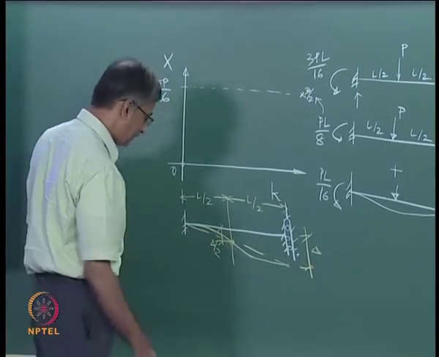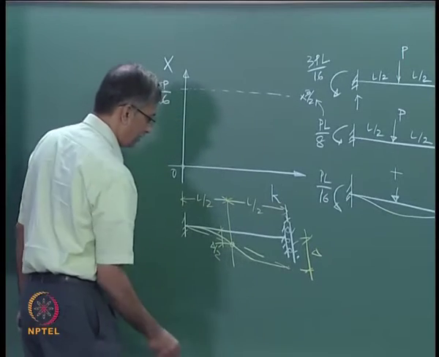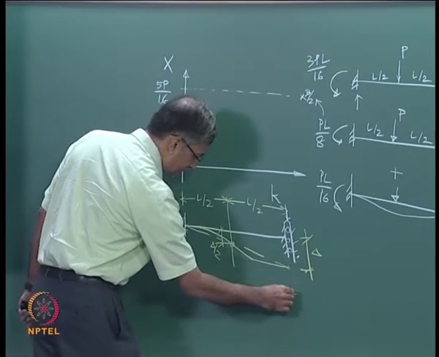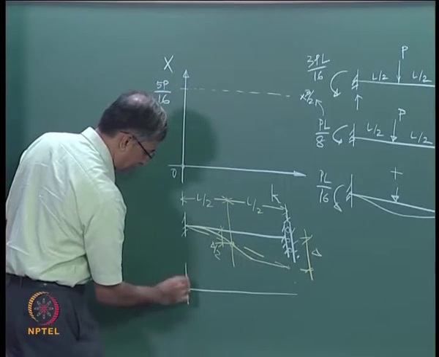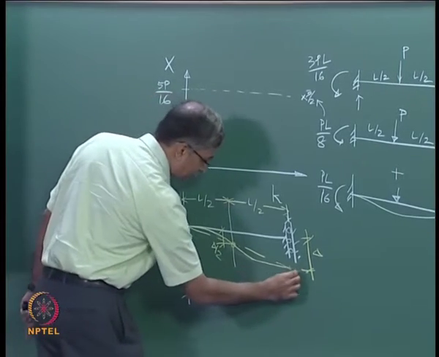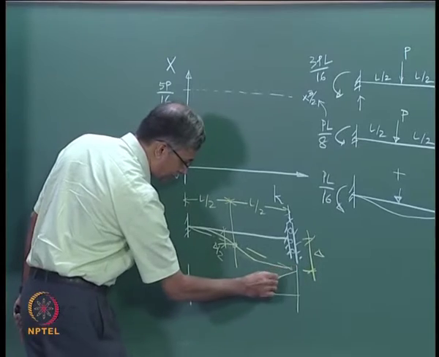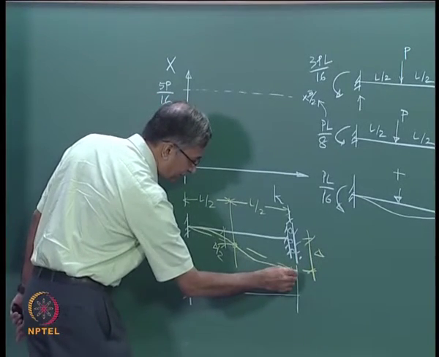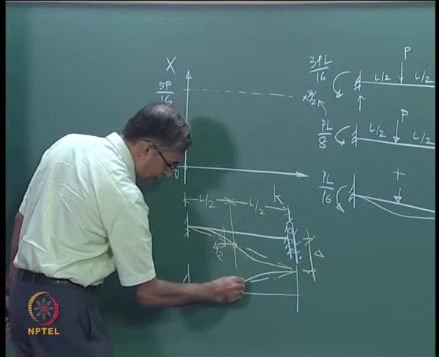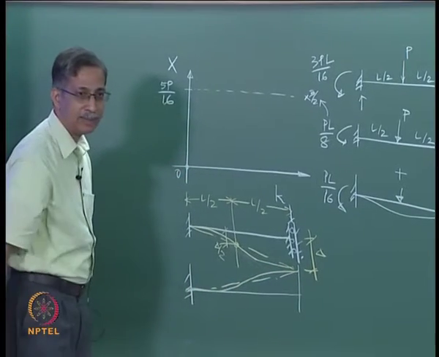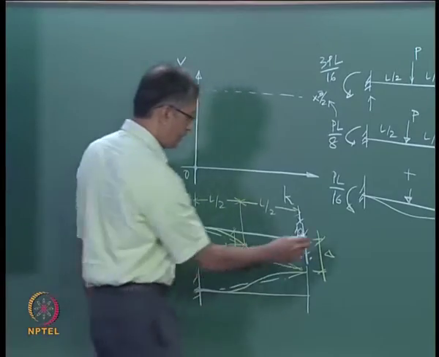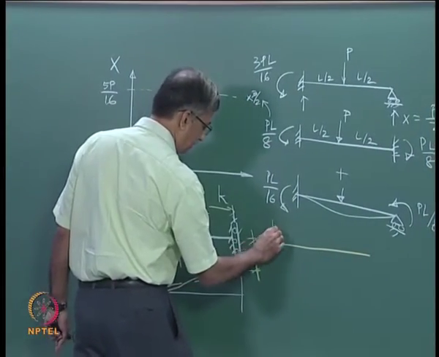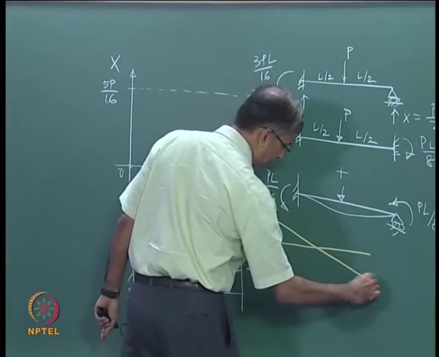Okay, let's say you move it up. Let's say you move it up. What will be the deflected shape? Right? The bending moment diagram for this is going to be like this.